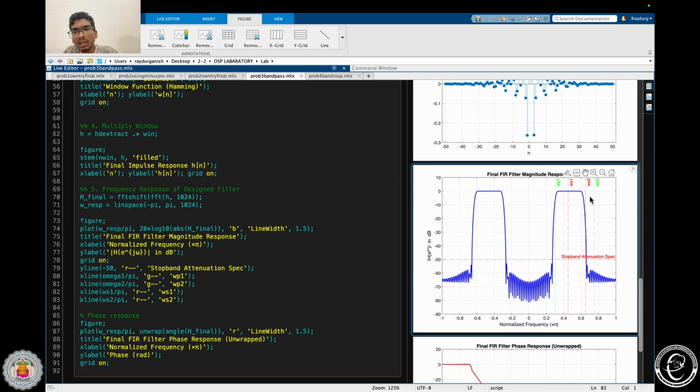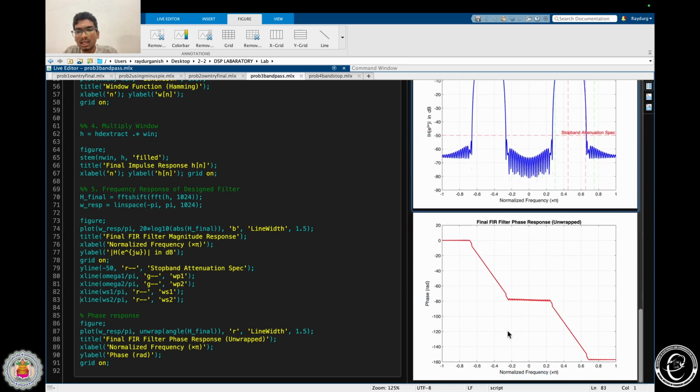Similarly, omega C2 lies in between omega S2 and omega P2. If you observe, the frequencies in between these are getting passed with less attenuation, and the frequencies less than omega C1 and above omega C2 are getting attenuated.